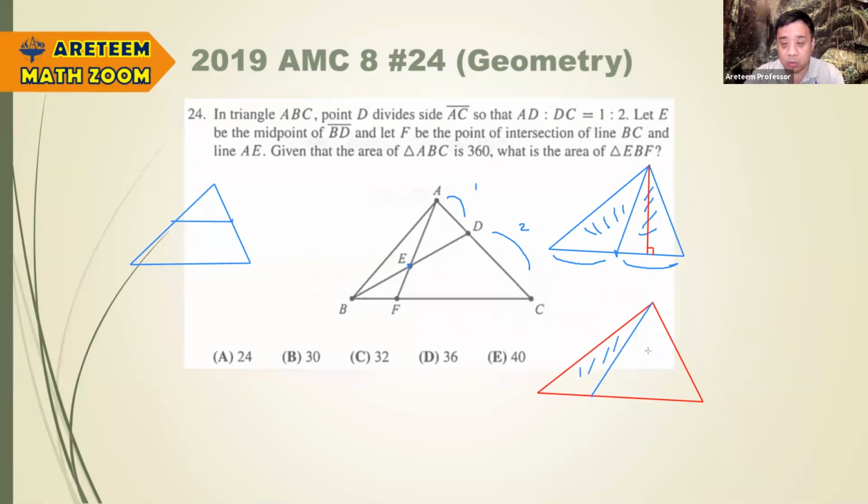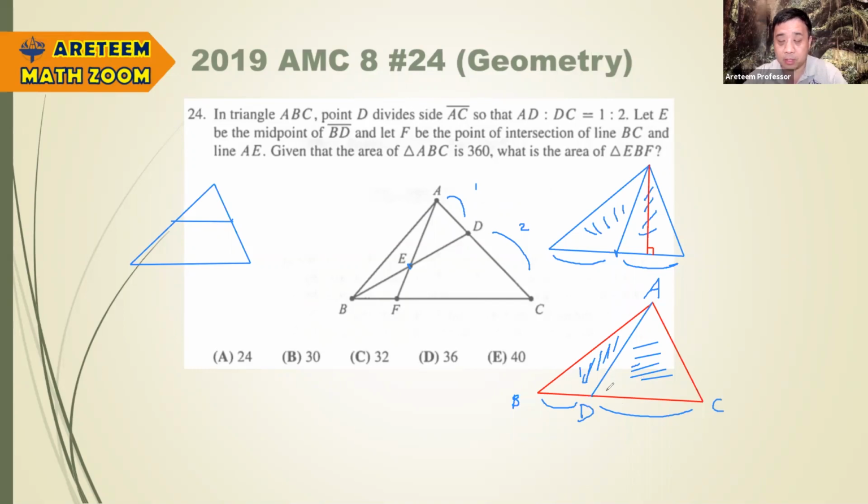We have two triangles, and we want to find the ratio of the areas of these two triangles. Suppose we have the side length ratio, and then the ratio of the area of the triangles. What's the relation here? If I say ABCD here.